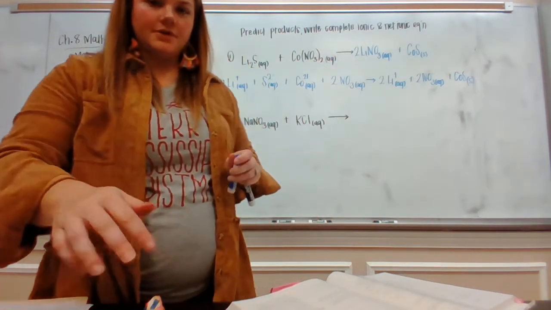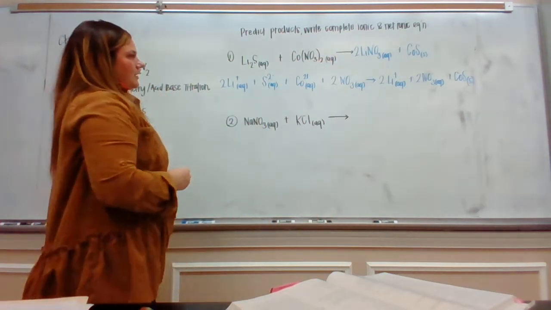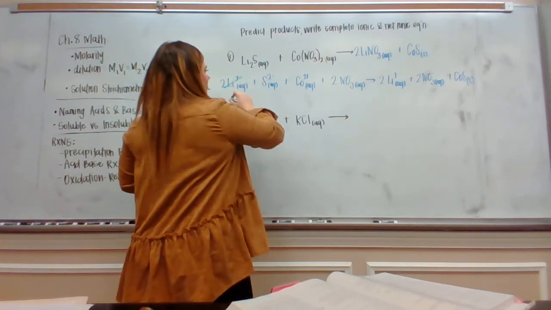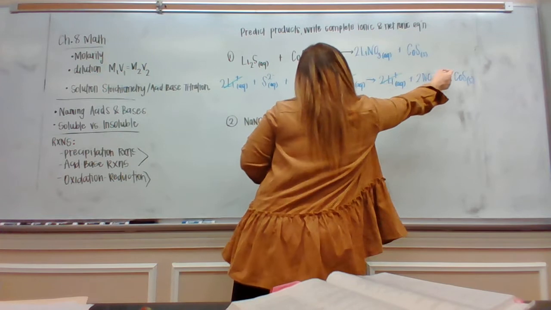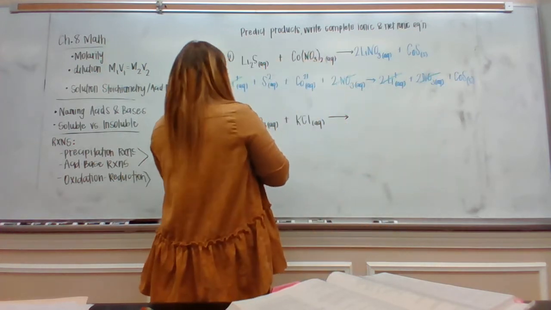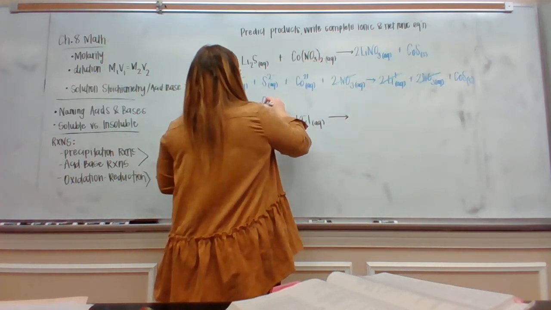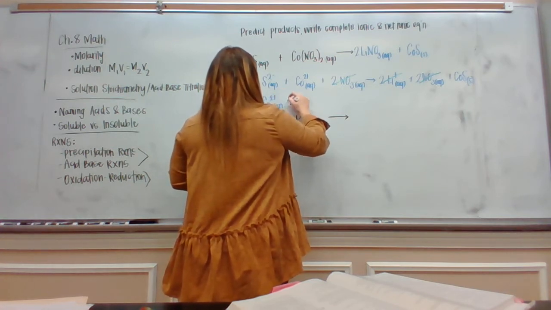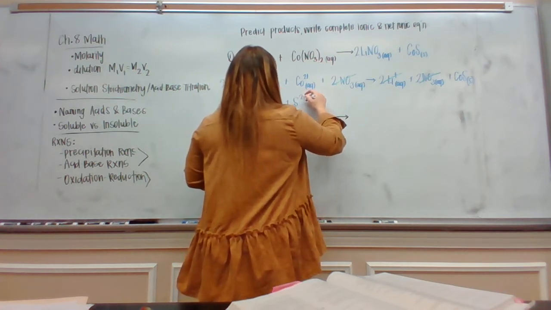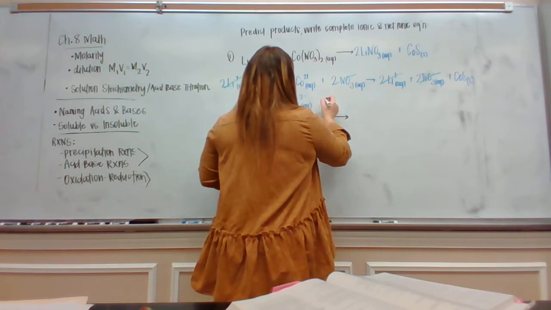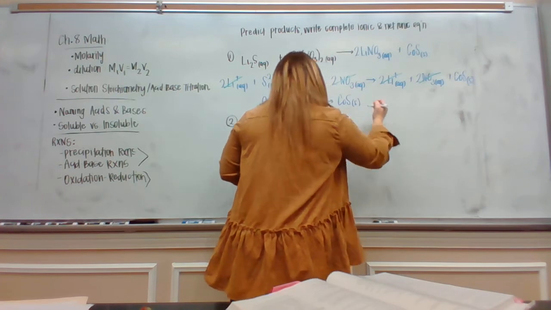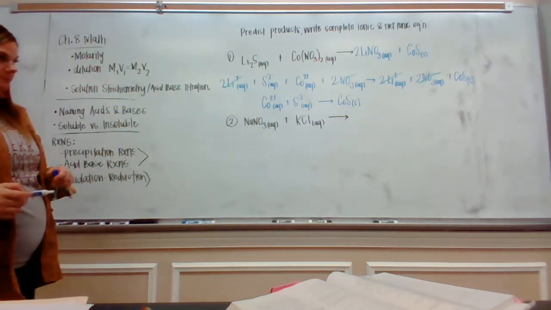There's my complete ionic. Now I'm going to eliminate my spectator ions, which will be lithium and nitrate. So my net ionic then is just the formation of my precipitant.